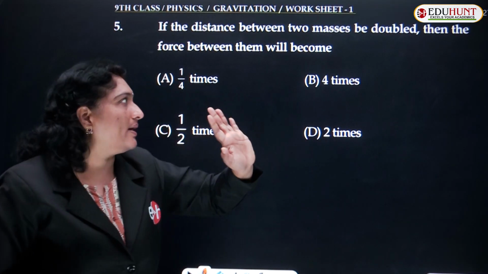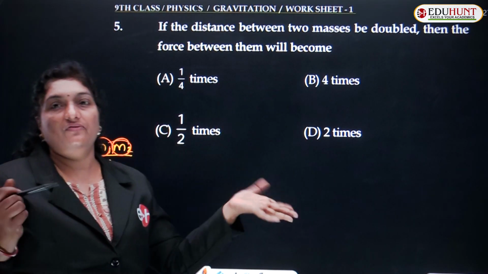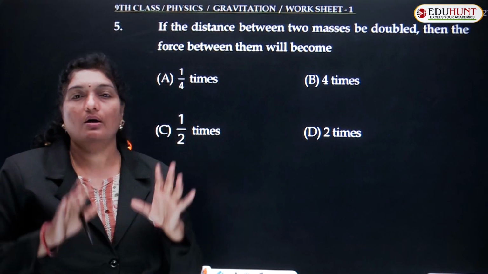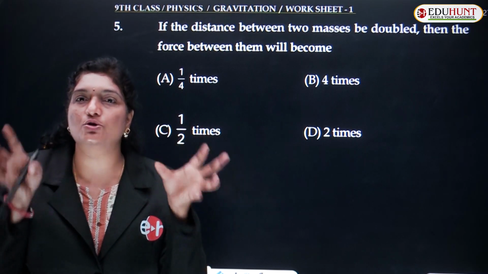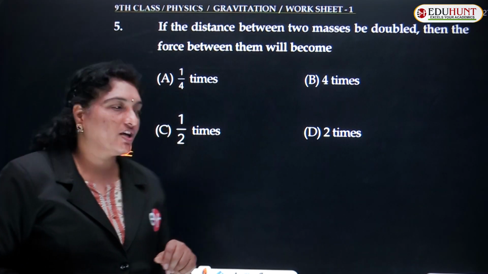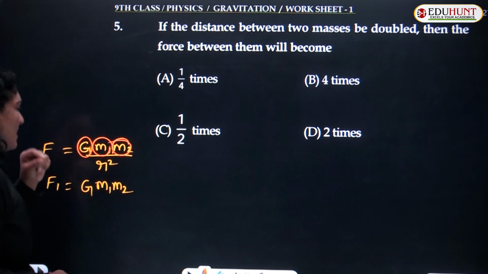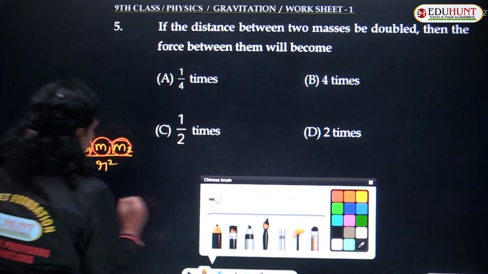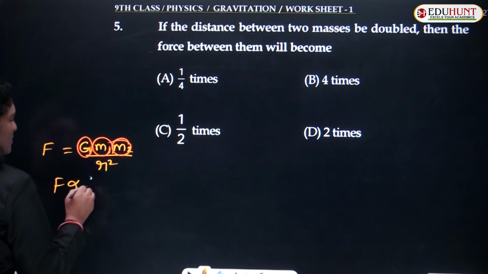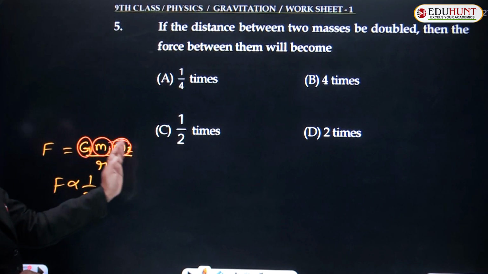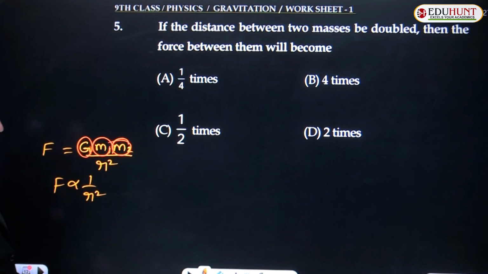Only distance is varied. If distance is changed, what happens to the force? G is kept constant, the same two bodies are considered, so masses are also not changing. M1, M2, G, everything is constant. So, we can conclude that F is inversely proportional to R square, because G, M1 and M2 are constant.